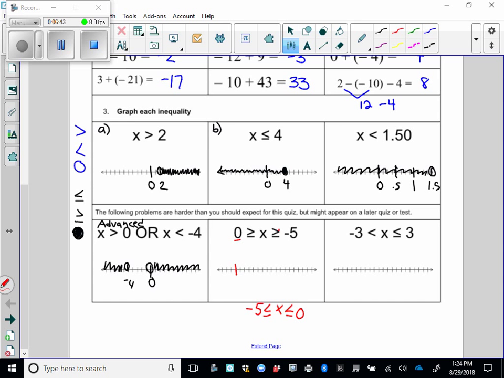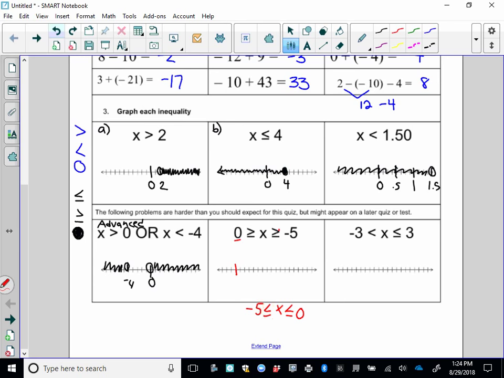So x is bigger than -5. So we're going to put -5 here, and it's bigger, but it's also bigger than or equal to. So we fill it in, -4, -3, -2, -1. So here would be 0.